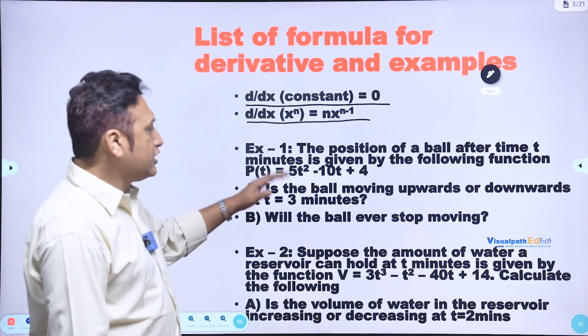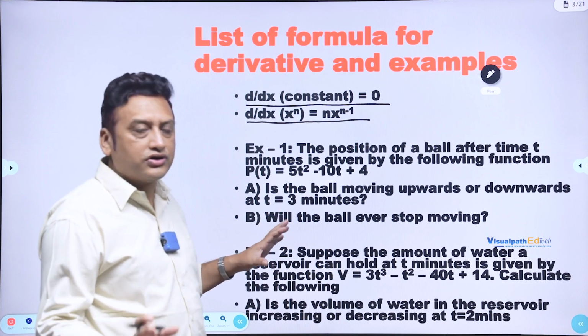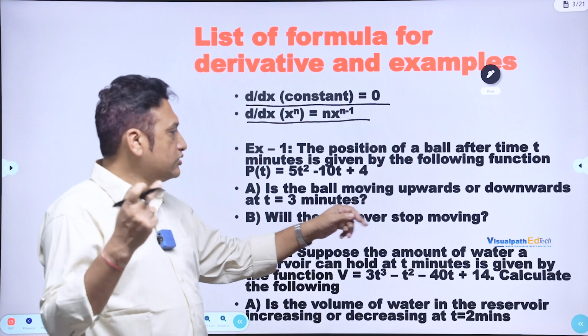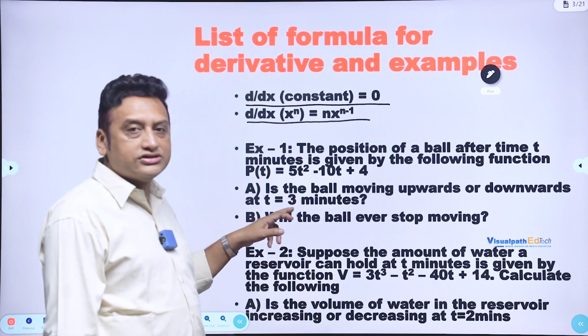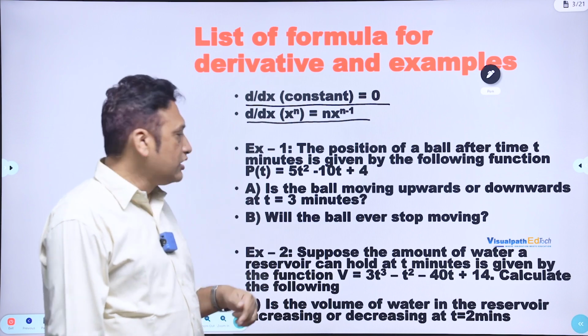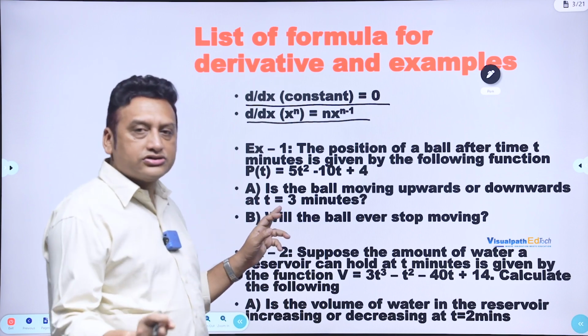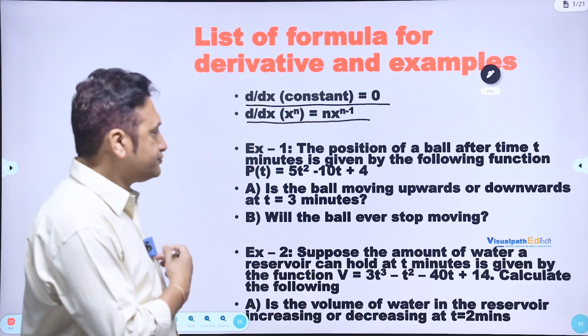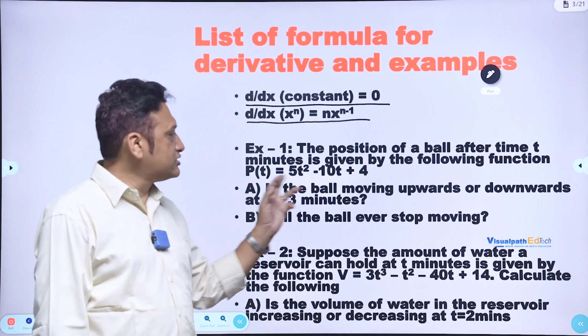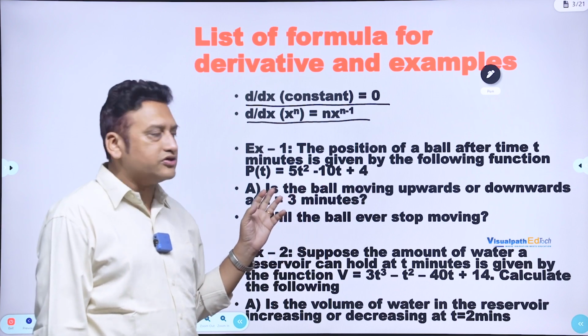Okay. Now there are a couple of questions given for us to do. Number one, is the ball moving upward or downward at t = 3 minutes? How do we do? Well, we need to calculate the velocity from here because this is the position expression which is given to us.